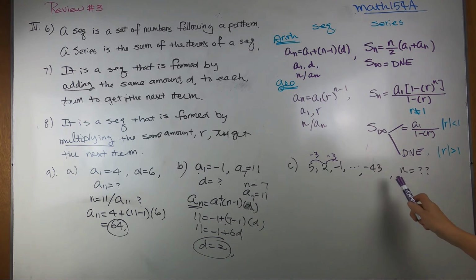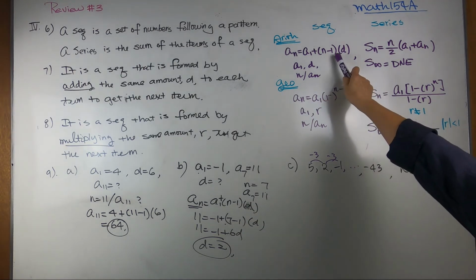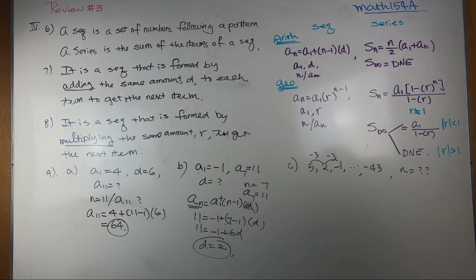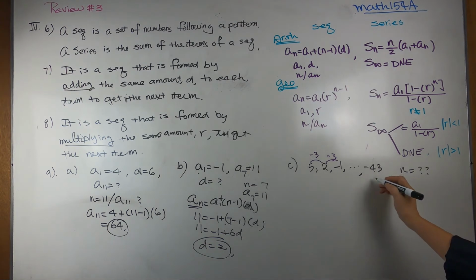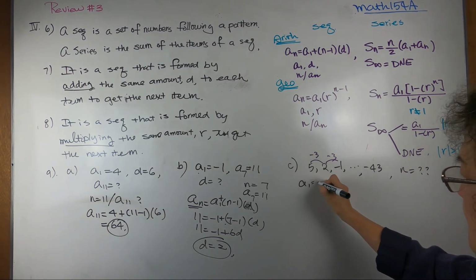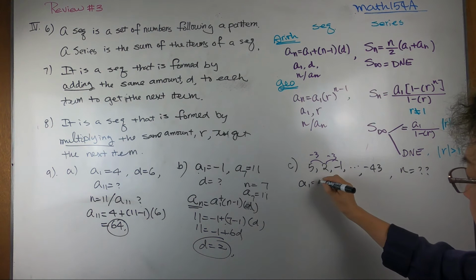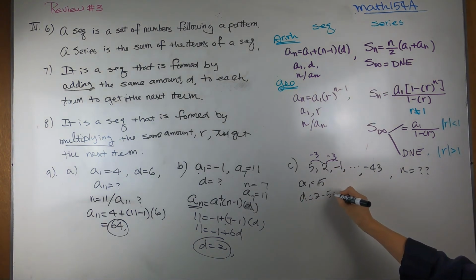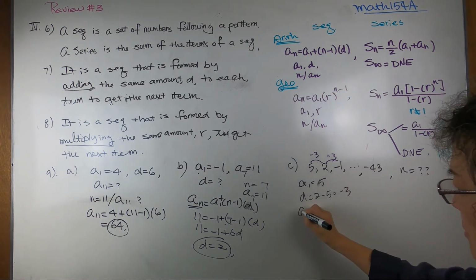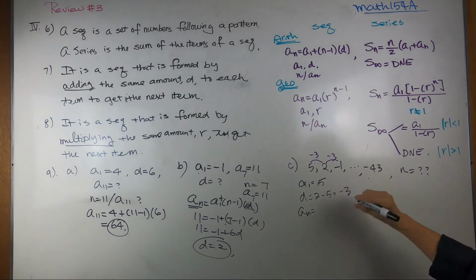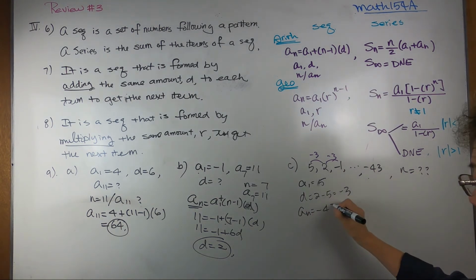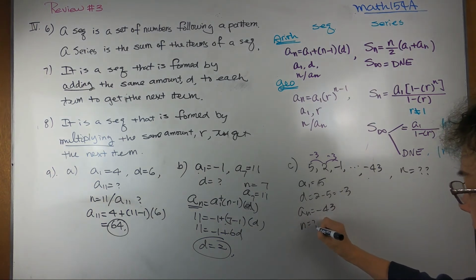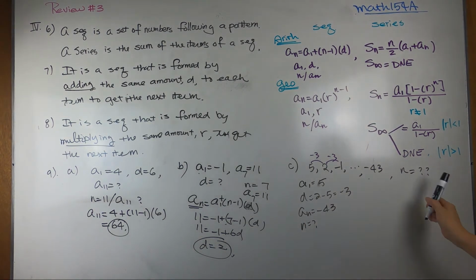So we know we are going to use an arithmetic sequence. We know A1 is 5, D is what? 2 minus 5, right? It's -3. We know AN, the last term, is -43, but we don't know the N. So try to find it.